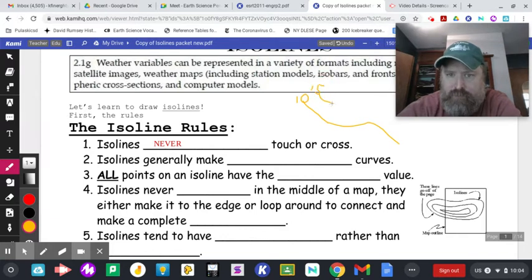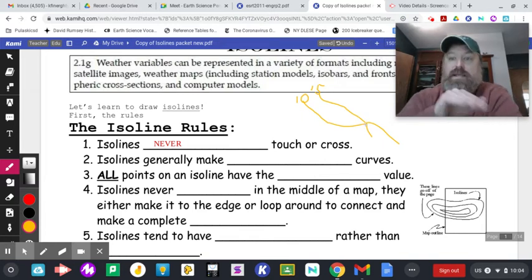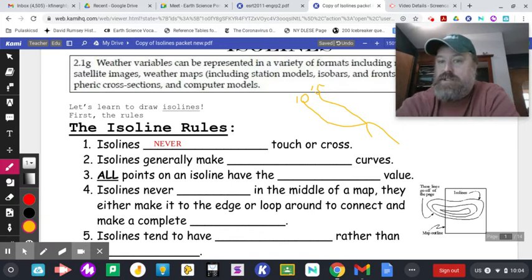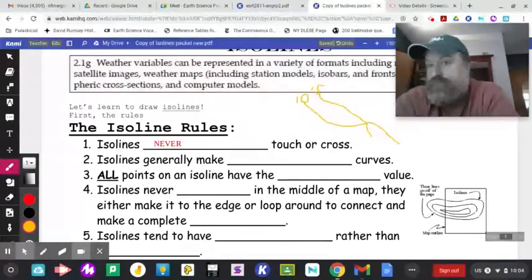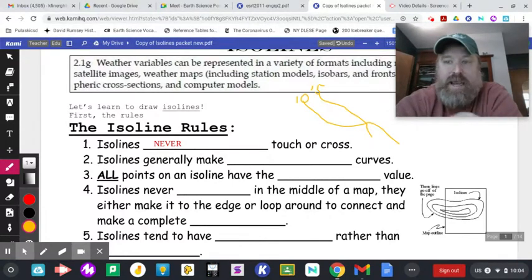If these two lines were to cross or touch right there, then if I'm following the definition of an isoline, at that point it's simultaneously 10 inches of snowfall and 15 inches of snowfall, which doesn't work, right? I always say it with my height. I can't be 5'9" and 6'9". That wouldn't work. You can't have two separate values.